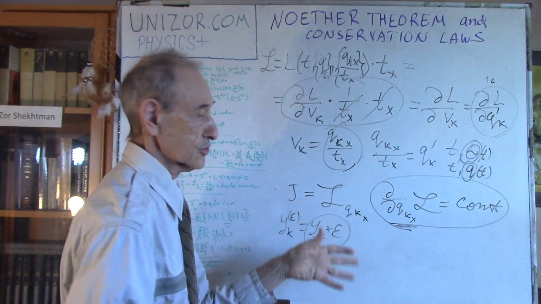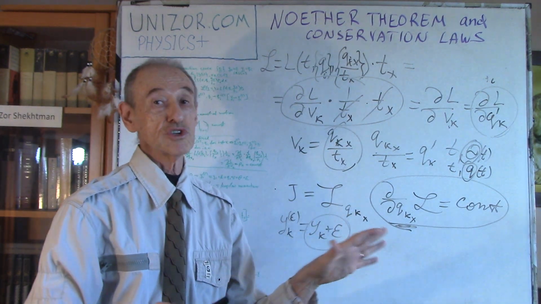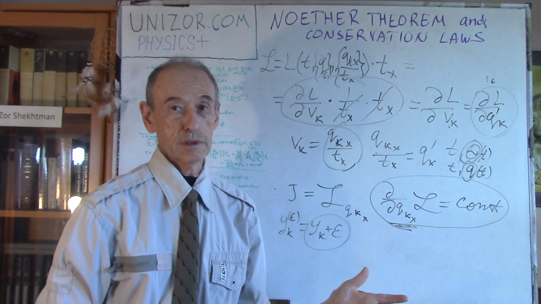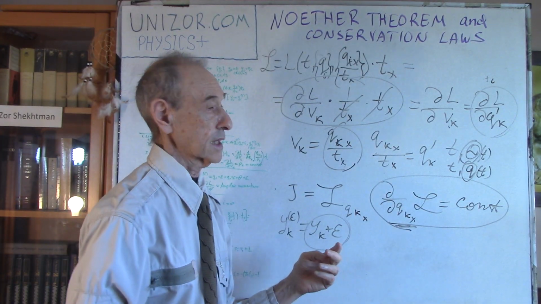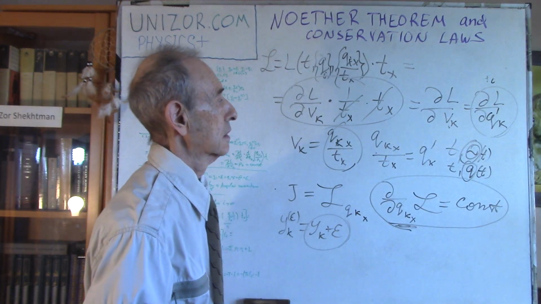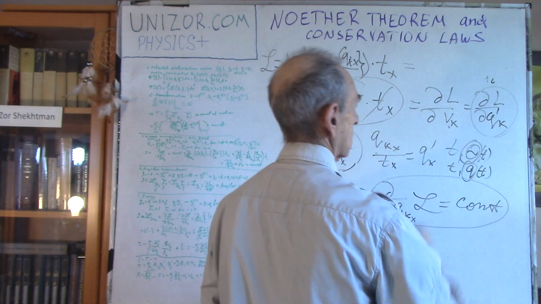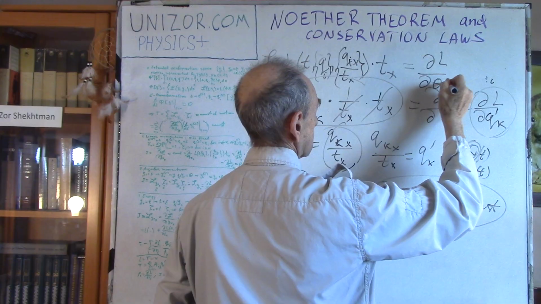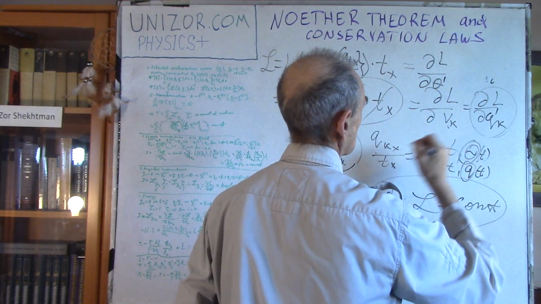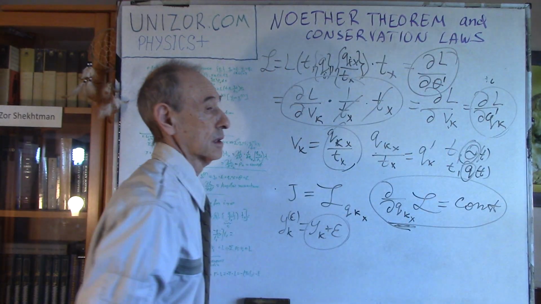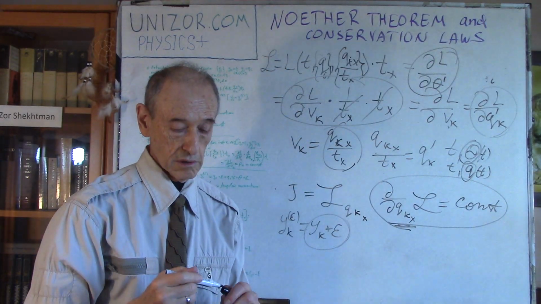And the whole thing actually is exactly the same. I'm not changing anything, except instead of q, I'm using the theta angle. Which means that I can put here dL by d theta prime constant, which is a definition in the generalized coordinates.